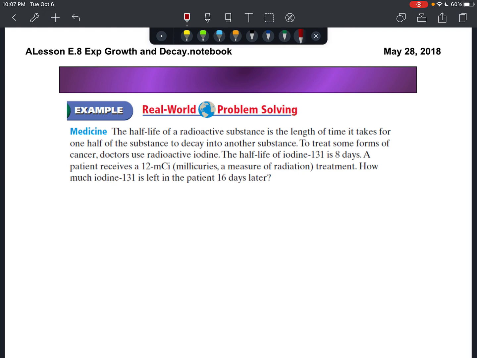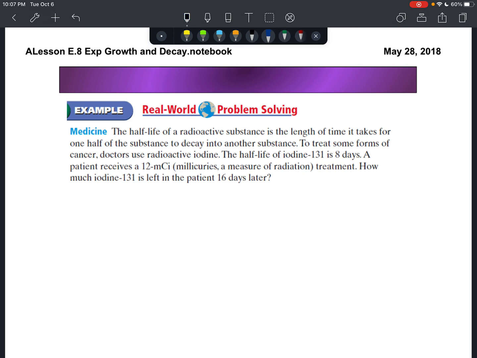It's been absorbed by the patient. So that's how they know when to give you another treatment. Okay? Patient receives 12 millicuries, a measure of radiation treatment. How much iodine is left in the patient 16 days later?